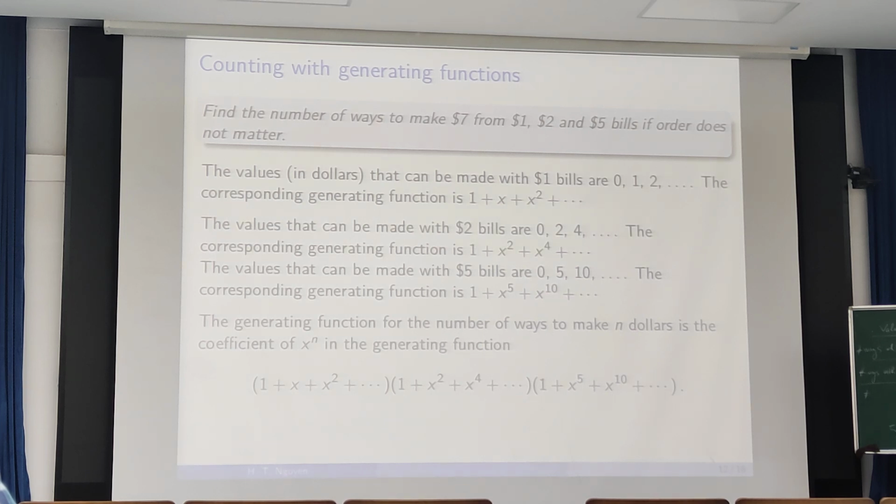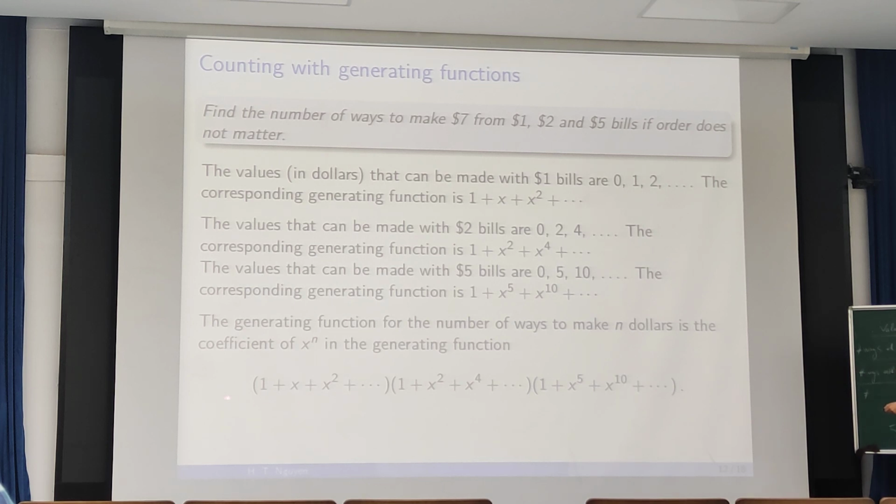And this way corresponds to what? This way corresponds to x to the power 3 times x squared times x to the power 0. So that corresponds to the x cubed term here times this and times this term.